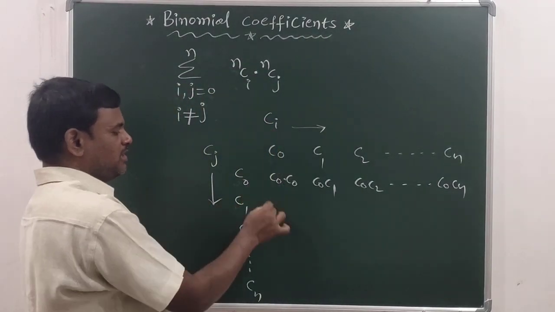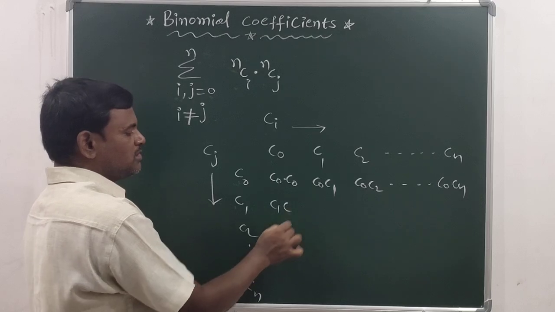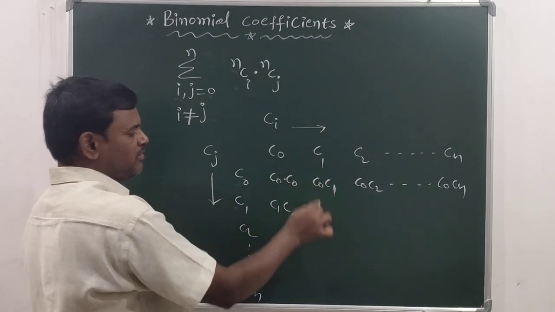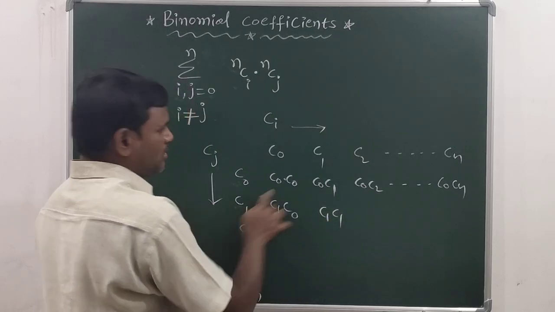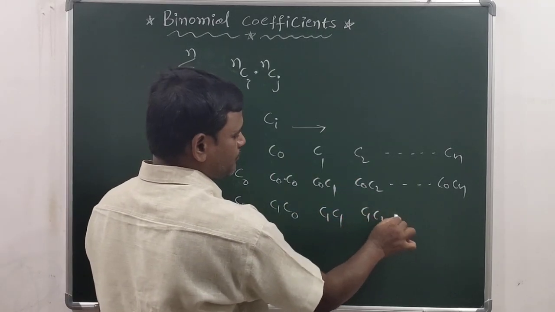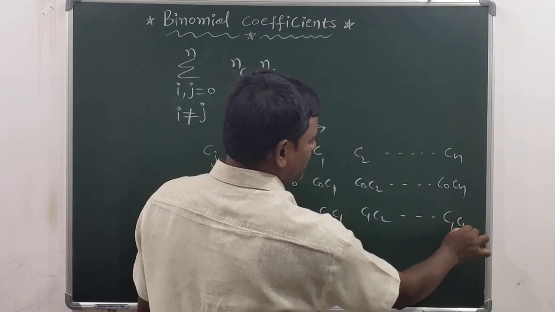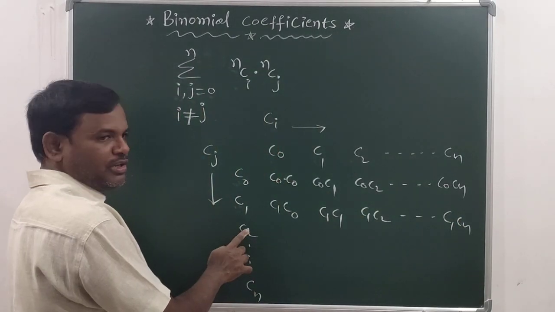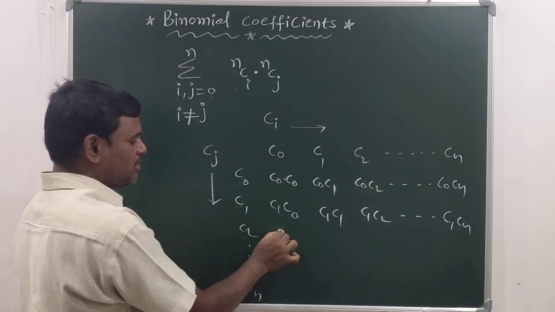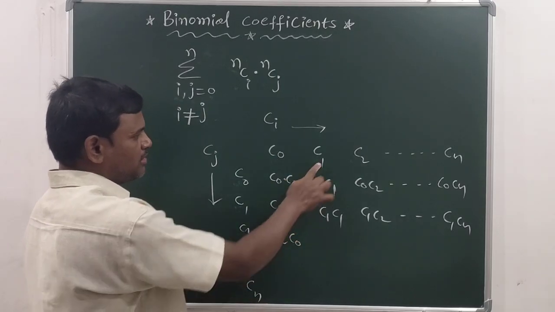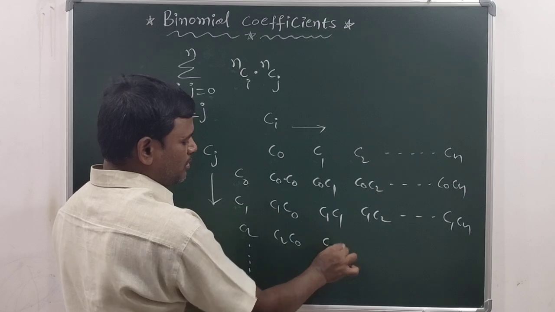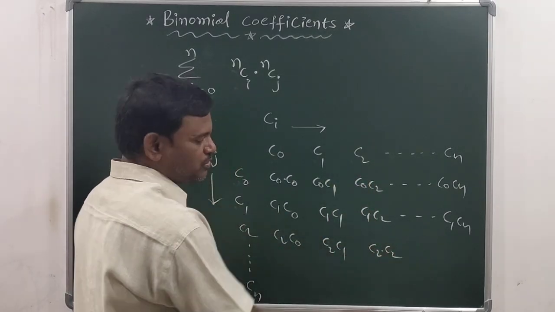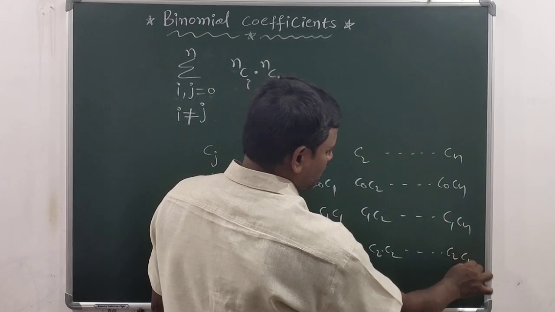So here C1 C0, C1 C1, C1 C2, and so on, C1 Cn. We have written the second row. Now go to the third row. Here C2, here you have to collect C0. Write C2 C0, C2 C1, C2 into C2, C2 square, and so on, C2 Cn.